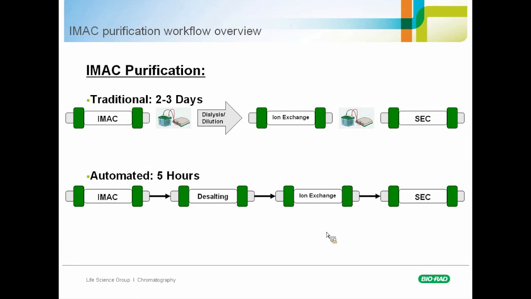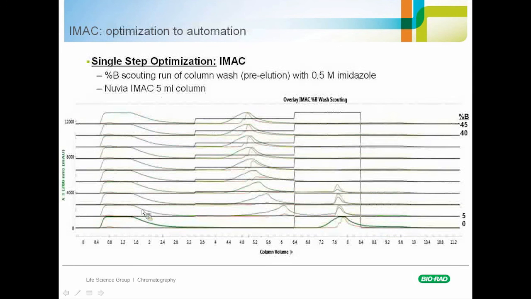With this one, we set it up so that after each step, the protein would be eluted from the column and directed through the detector. The target protein of interest was then shuttled into a static loop, and from the loop it was directed into the next column. That means at each step, even though this is fully automated and I can press start and walk away, I can come back and just check.